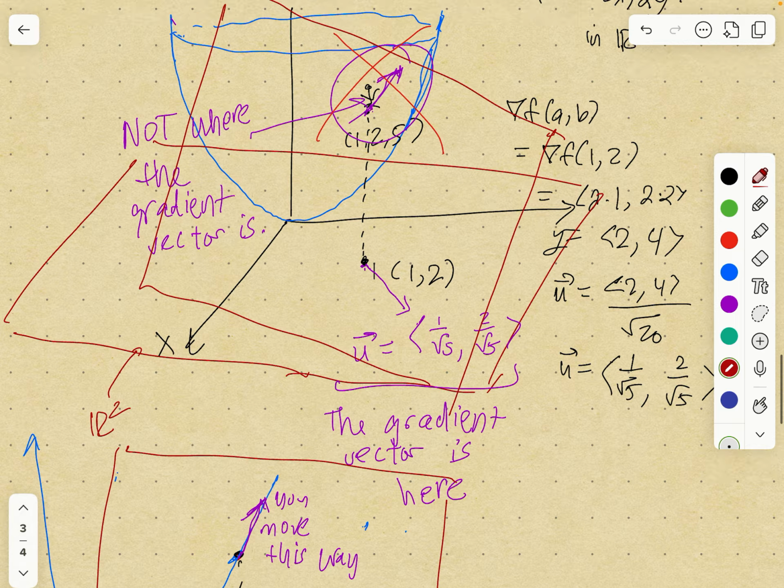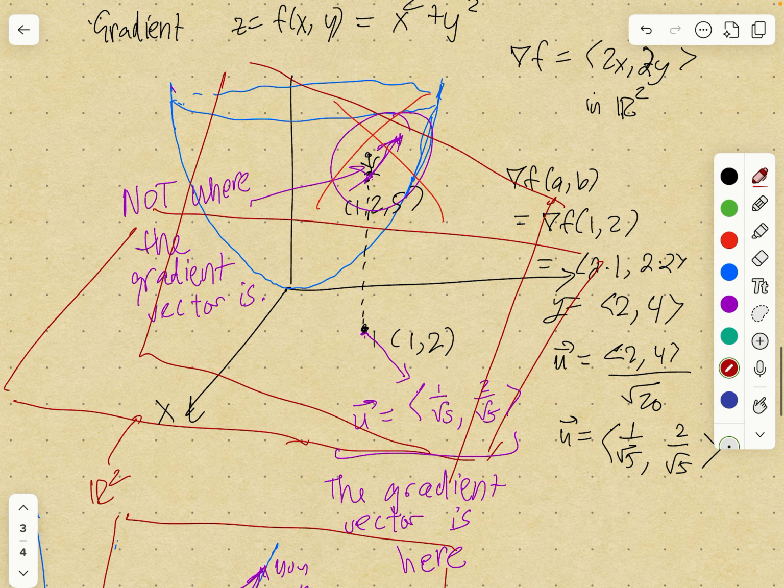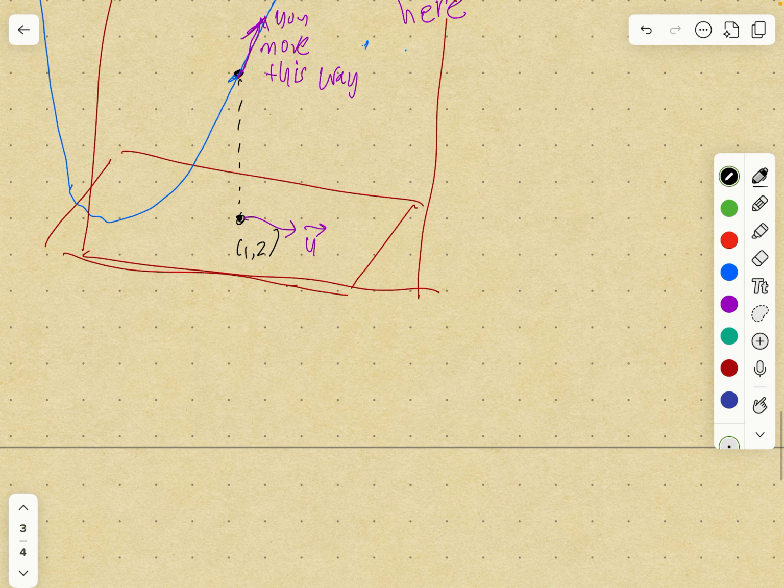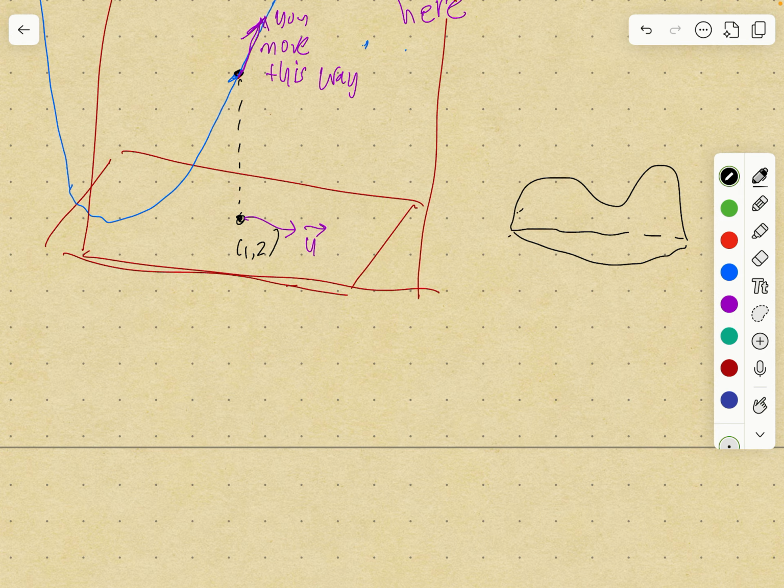So yeah, that's the explanation of where the gradient is. It's not actually pointing in the direction. Like if you imagine that your graph of the function looks like this, say, and you are here, the top of the mountain is like here.